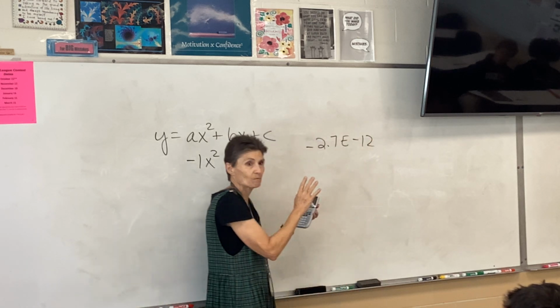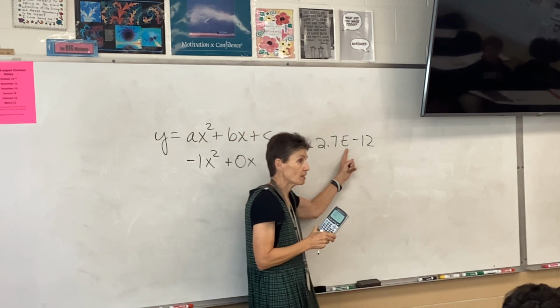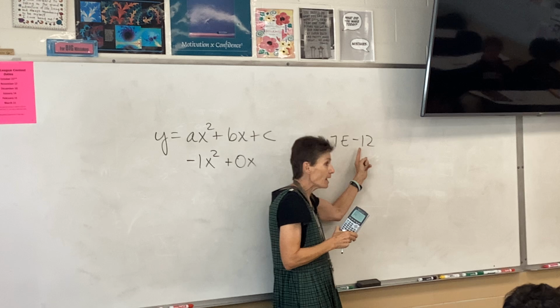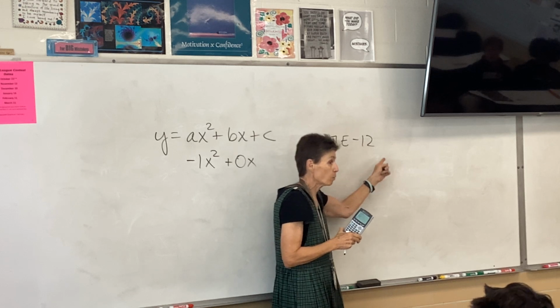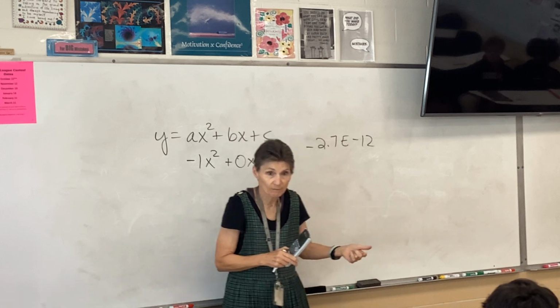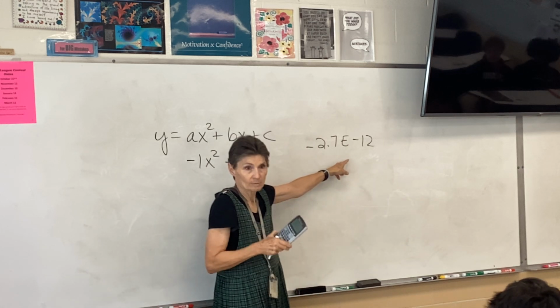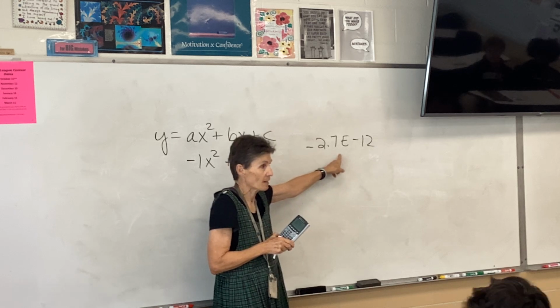Anybody else to say that for me? Okay, that's scientific notation, times 10 to the -12. Tell me about a number that's times 10 to the -12. Very close to 0. When that pops up, it's 0. Every time that pops up.